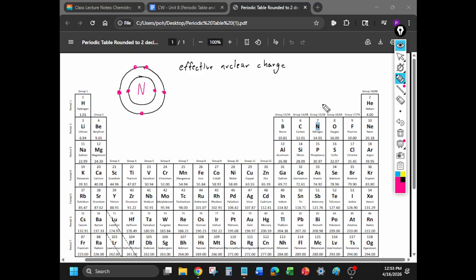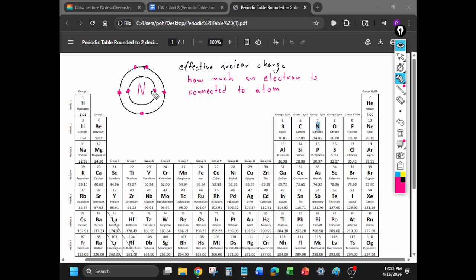Okay, and the definition is pretty simple. It's basically how much an electron is connected to the atom. Okay, so effective nuclear charge is how much the electron is connected to the atom.